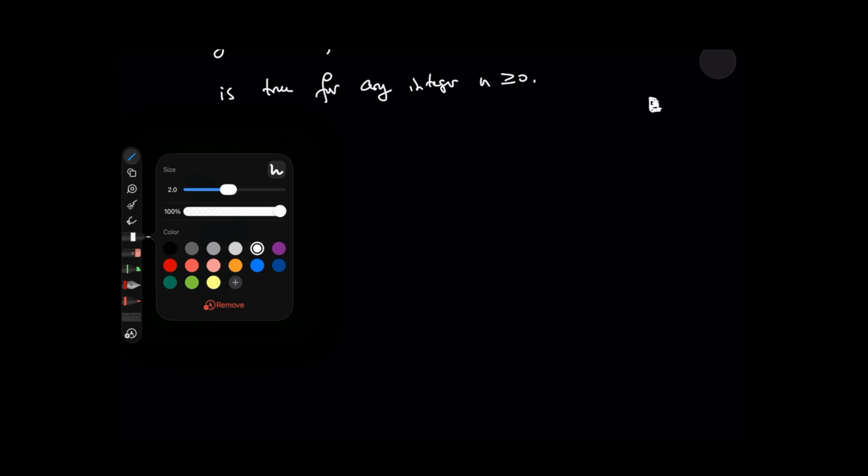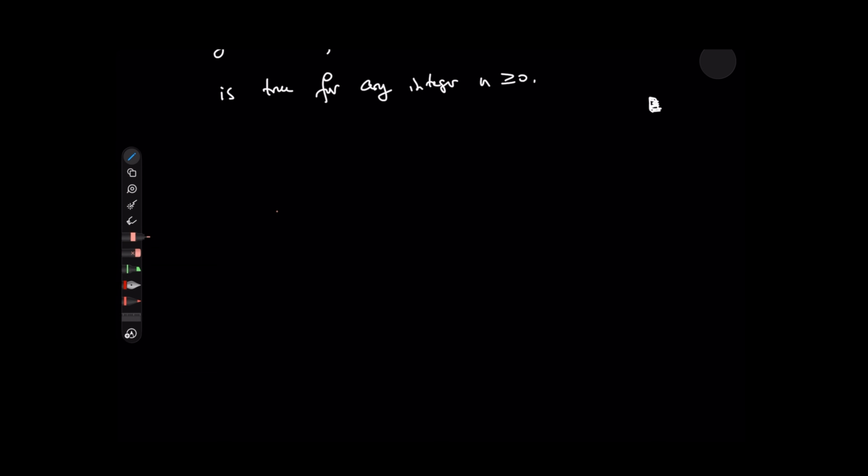I'm going to use a different color so you can see it. I would have taken the first term and the third term. I'll take 42 by 4 to the power of k and rewrite it as 42 by 4 by 4 to the power of k minus 1. So I'm working backwards to get back to this. This would give us 168 by 4 to the power of k minus 1.